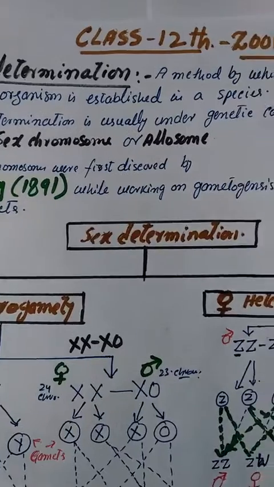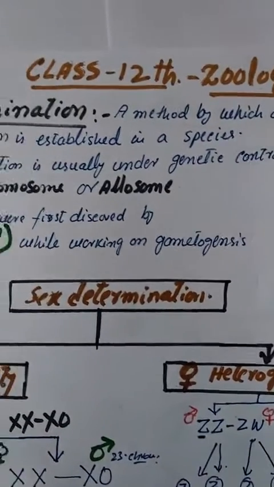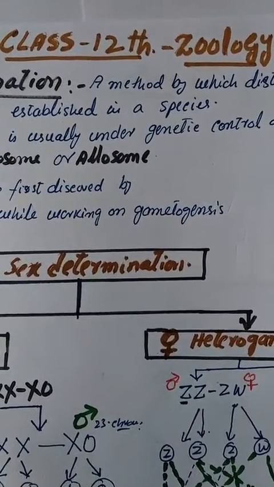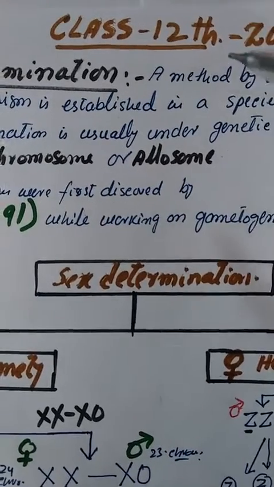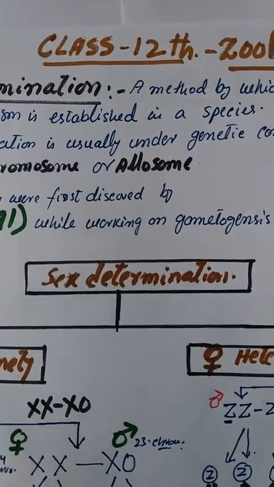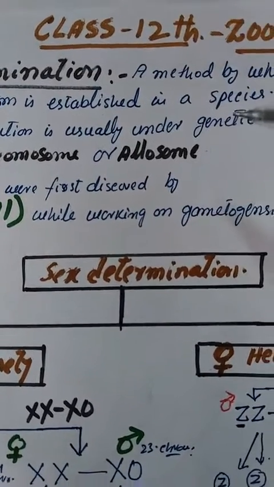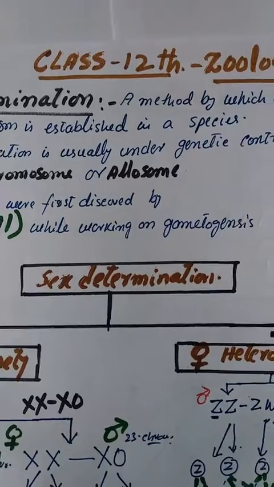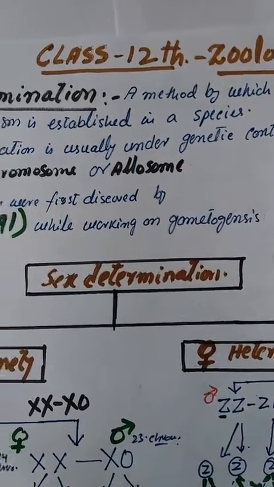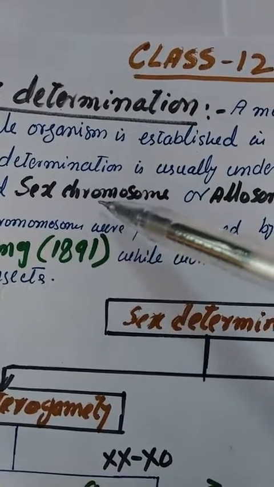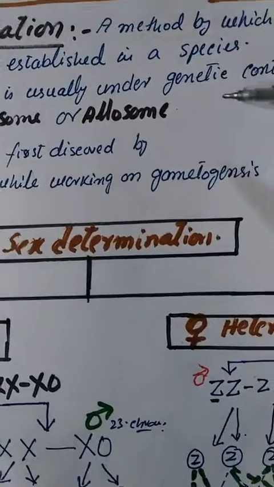Sex determination is a method by which distinction between male and female organisms is established in a species. And sex determination is usually under genetic control of specific chromosomes called sex chromosomes or allosomes.